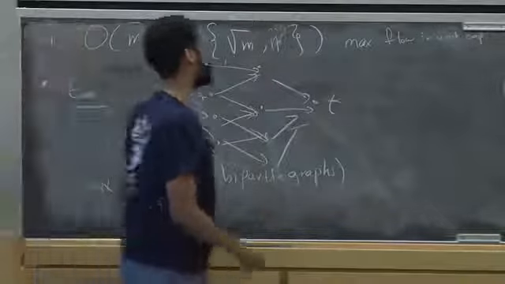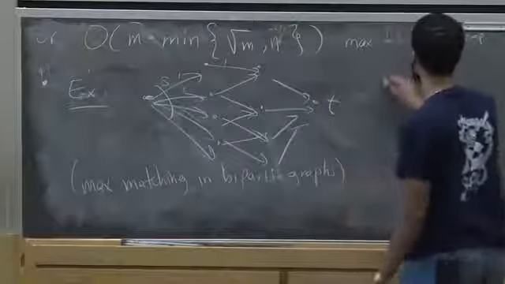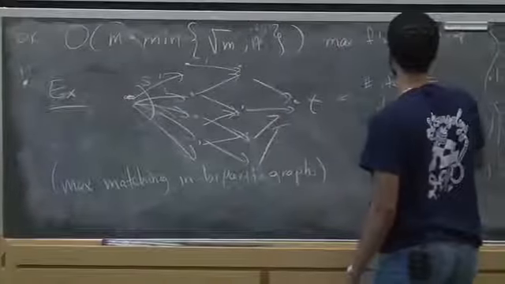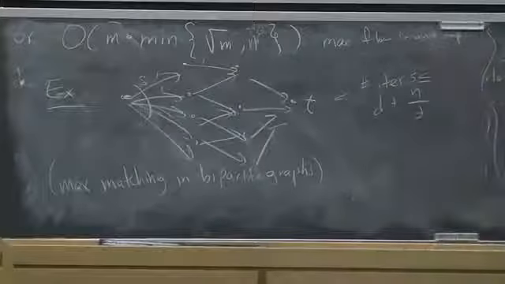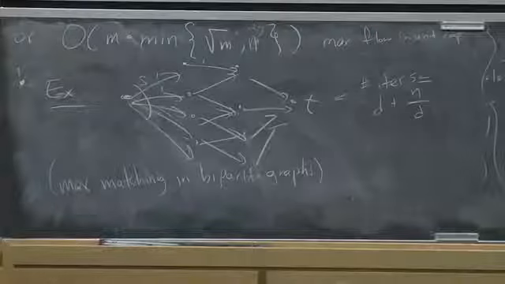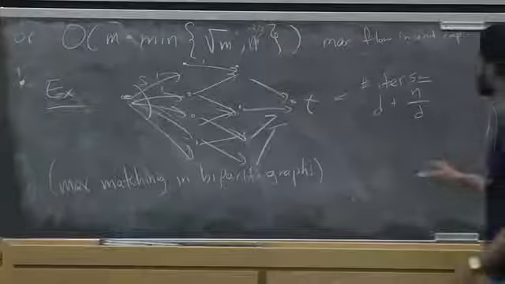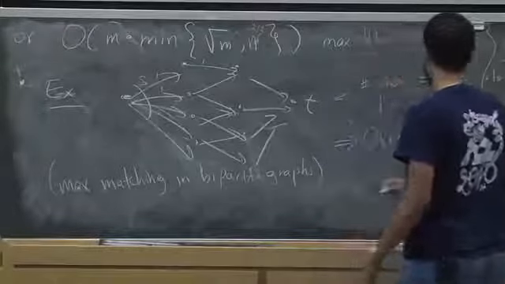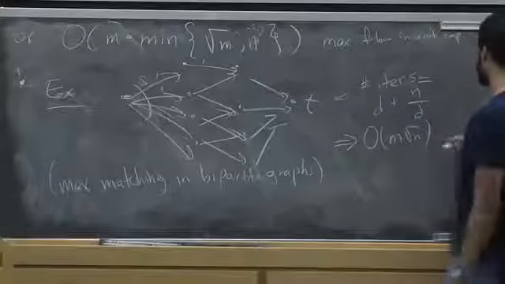So I claim here you can show that in graphs like this, the number of iterations is at most d plus n over d, which implies O of m root n for max flow.